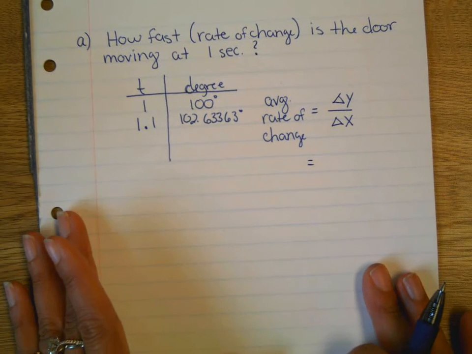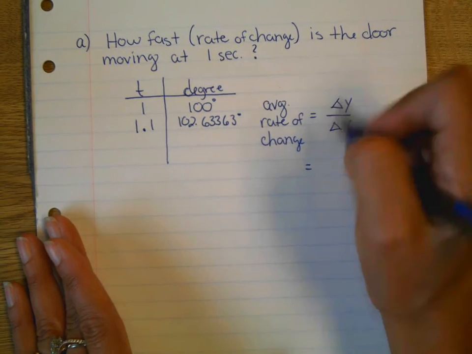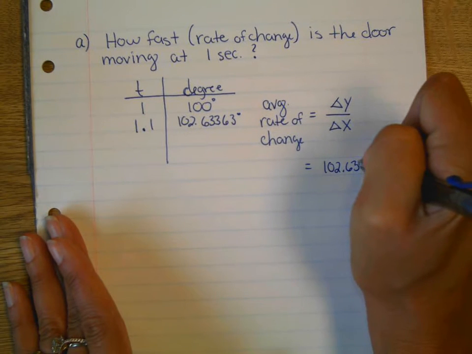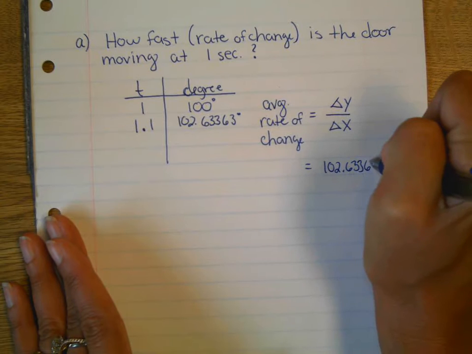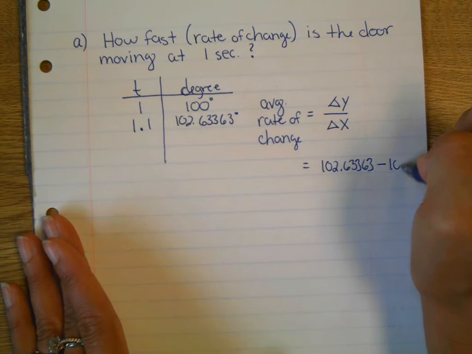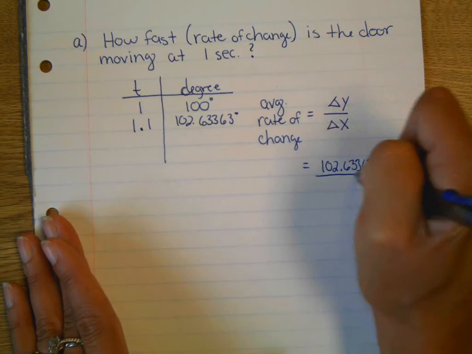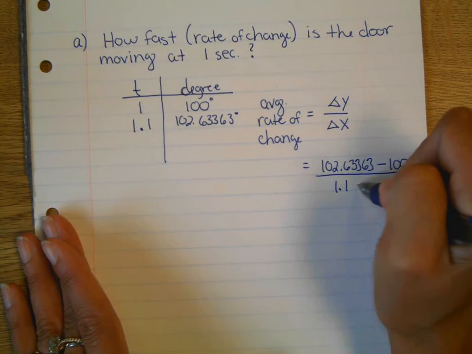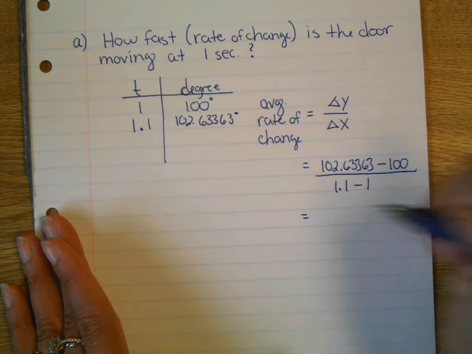And to get the change in something, you subtract. So all I'm going to do is take 102.63363 and subtract the 100 degrees, and then do the change in time, 1.1 minus 1.